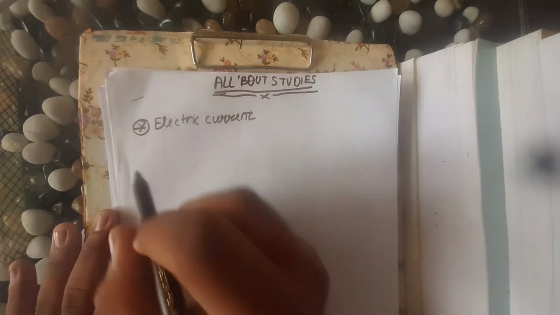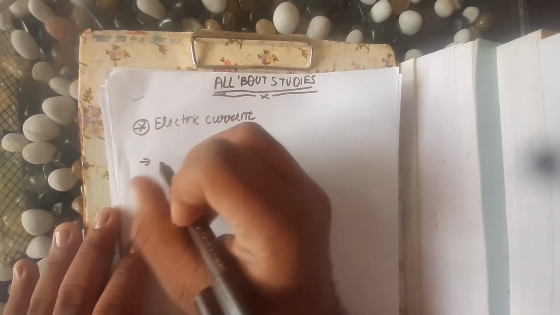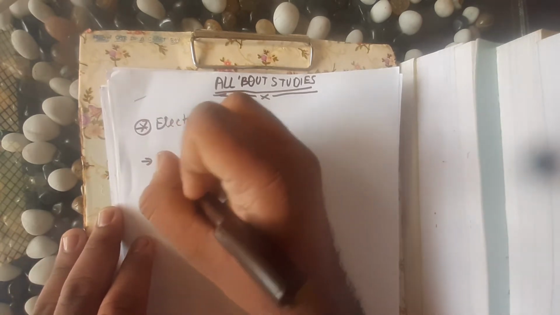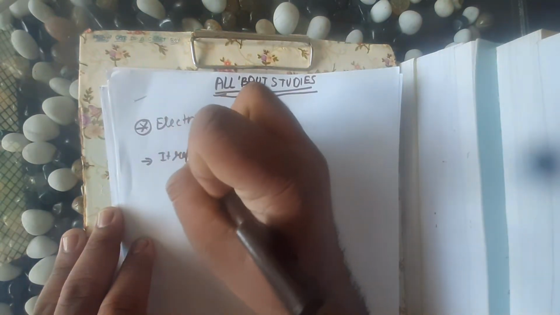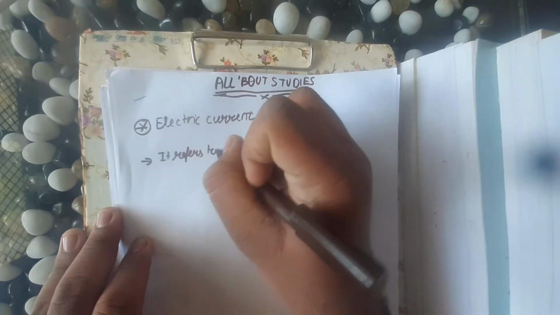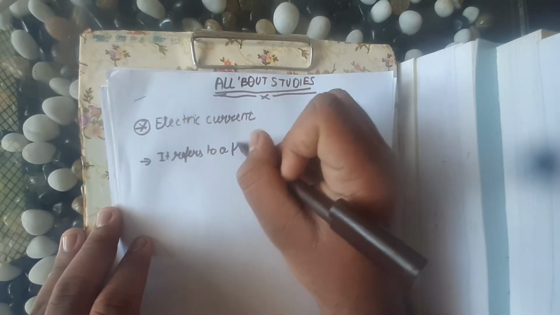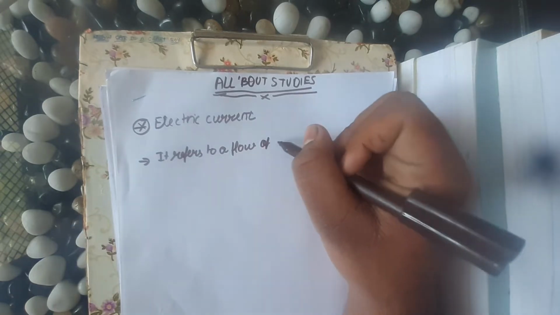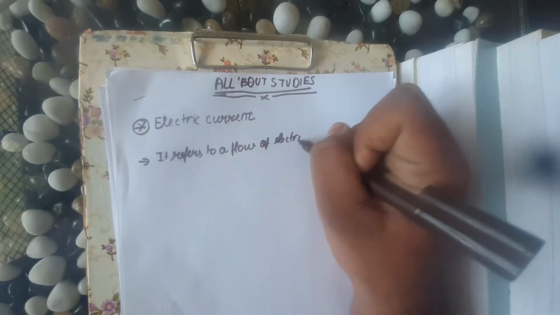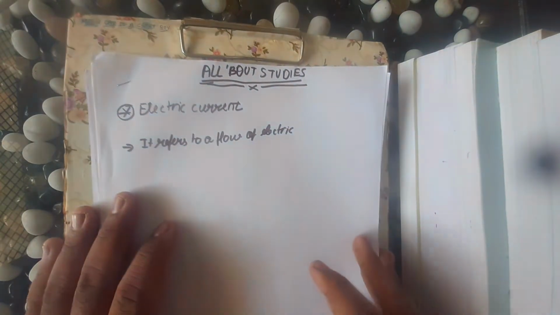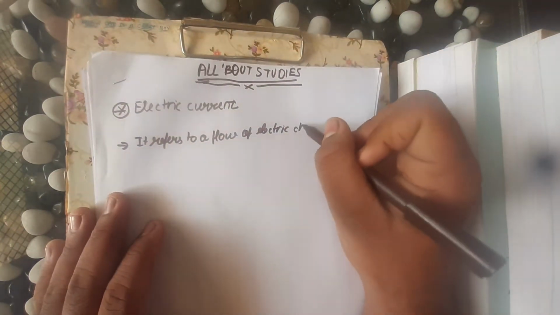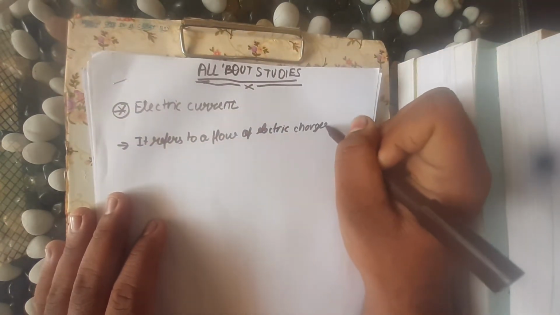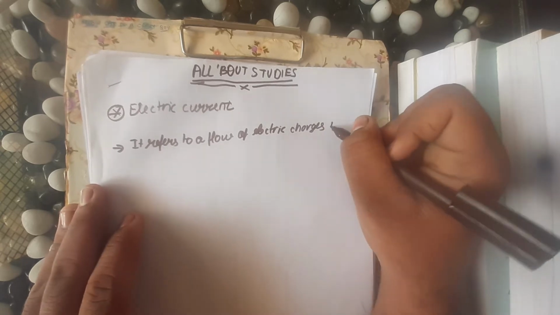So let me write it for you. It refers to a flow of charges, flow of electric charges, to be very precise, electric charges in a conductor.